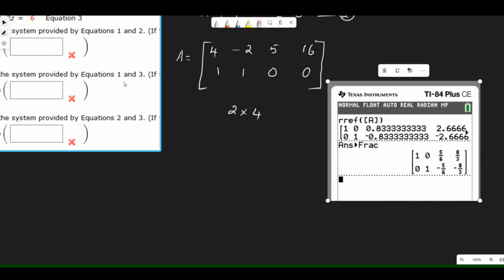correctly. If I have entered those values 4, negative 2, 5, 16, 1, 1, 0, 0, make sure that you have entered the values correctly, and this is what I am getting.